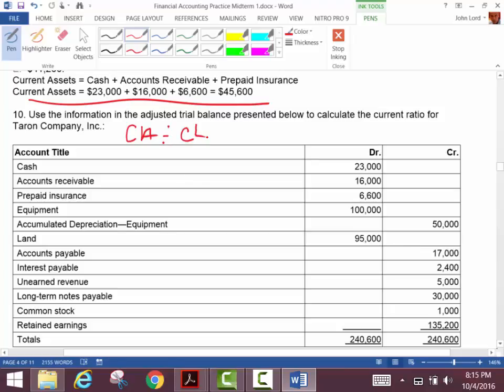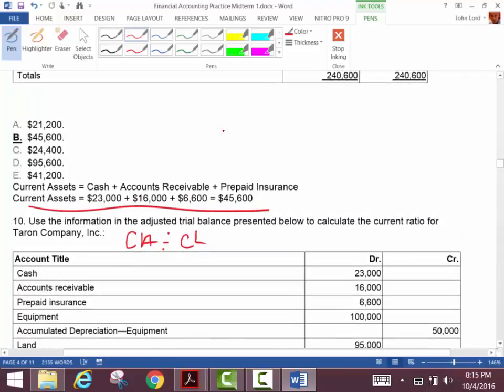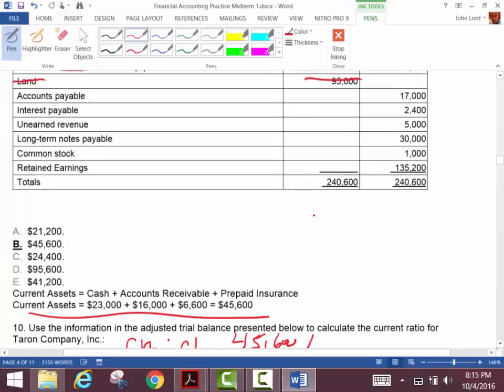So we just need to pick up the current assets that we just saw, which were how much? 45,600, and now we've got to divide that by the current liabilities. So we've got to go back through this list and see which ones are current liabilities. How about accounts payable? Yeah, we're going to pay those off probably in about 30 days.